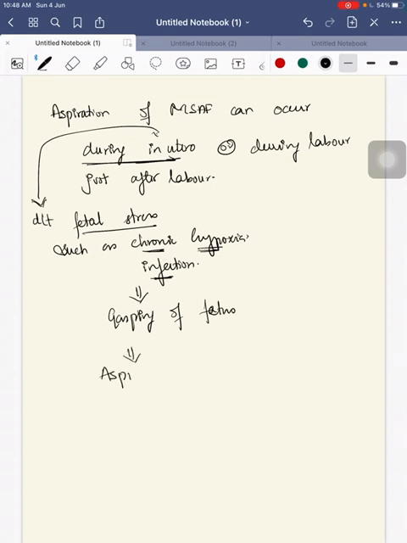This leads to aspiration of meconium. So severe MAS is caused by the in utero process only. After this aspiration of meconium, what all does it affect?